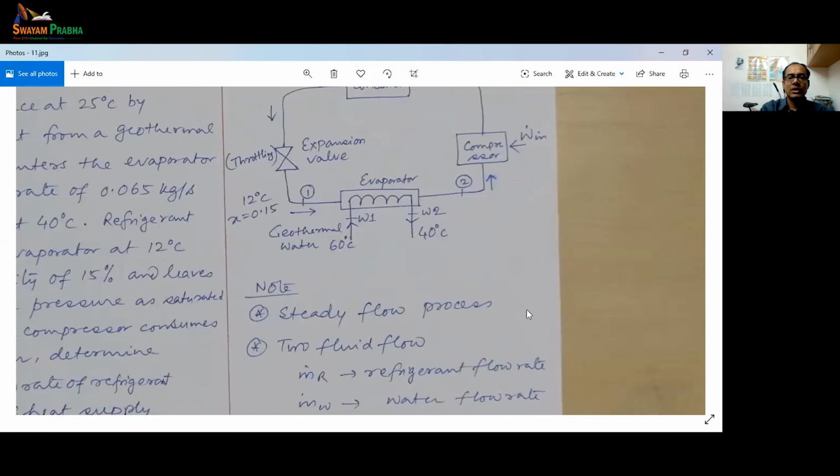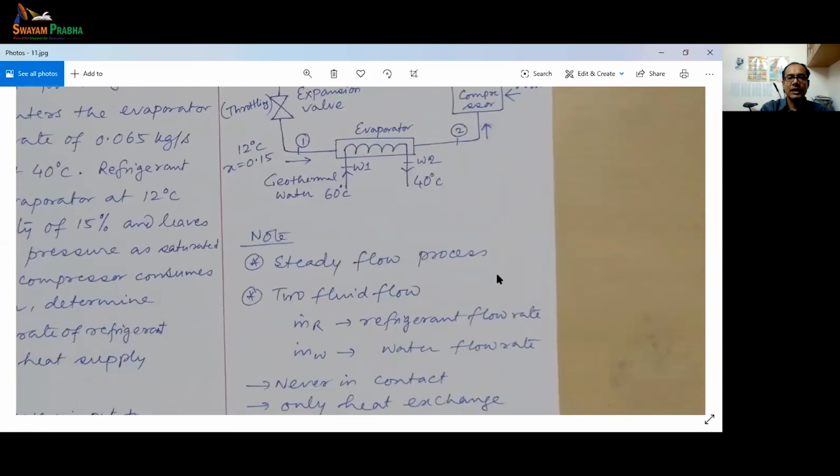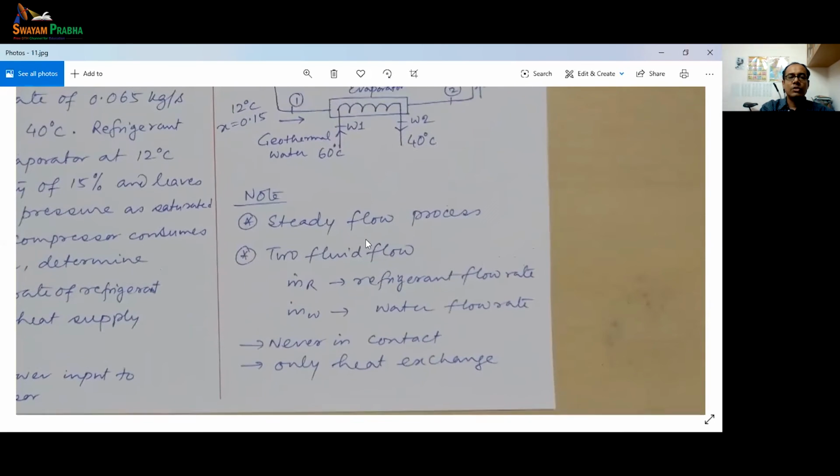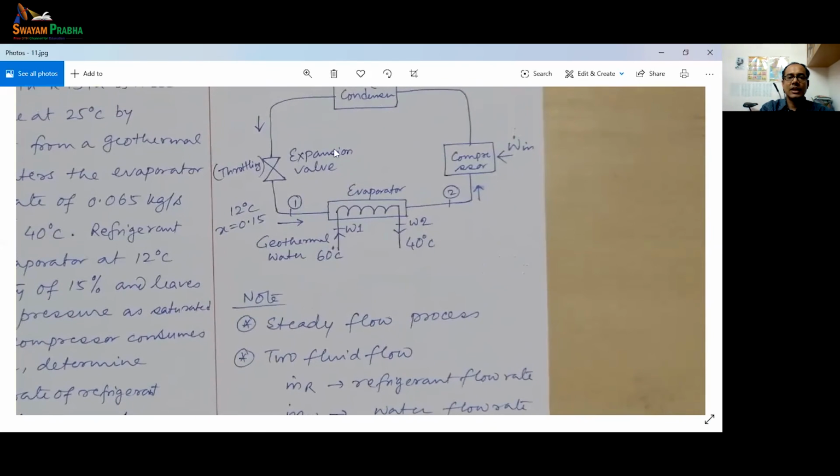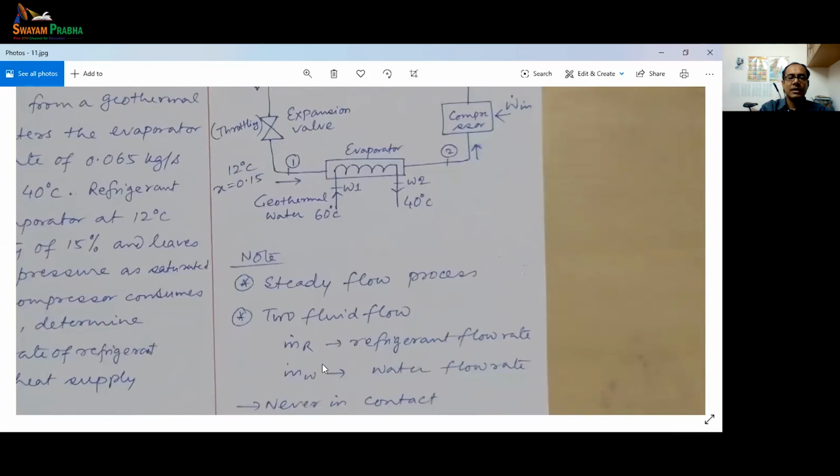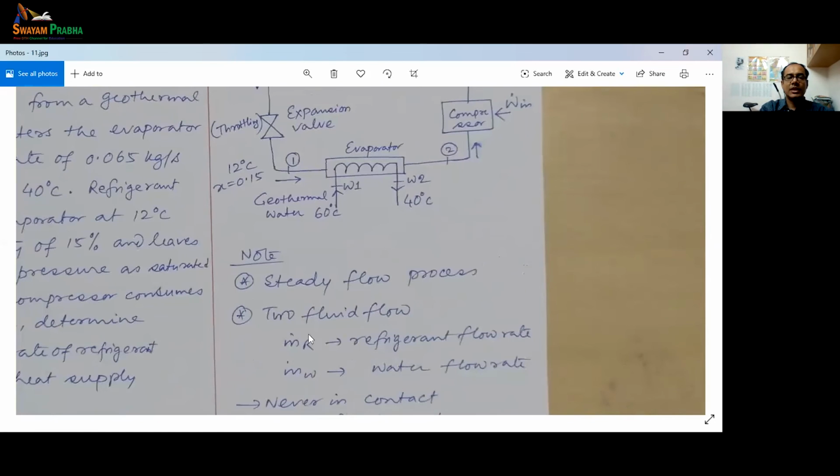So if we know this is a steady flow process, right? And there are two fluid flows. One is refrigerant through this cycle, compressor, condenser, throttling, or the expansion valve and evaporator, and with certain mass flow rate, let's say that's m dot r for the refrigerant, and in the evaporator we have another flow which is of water, that's m dot w.